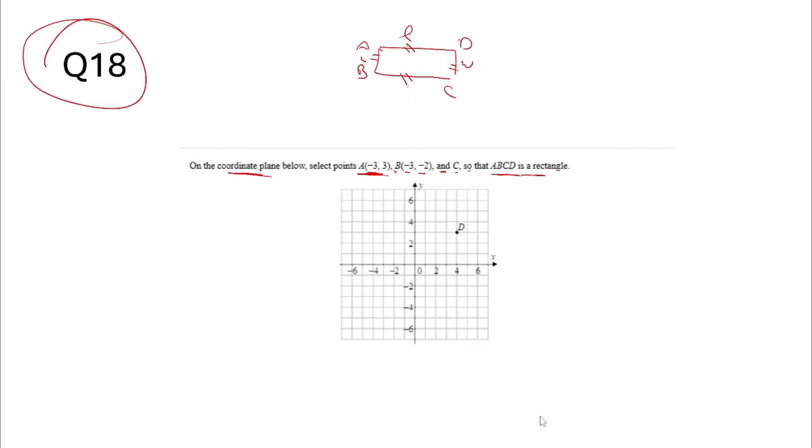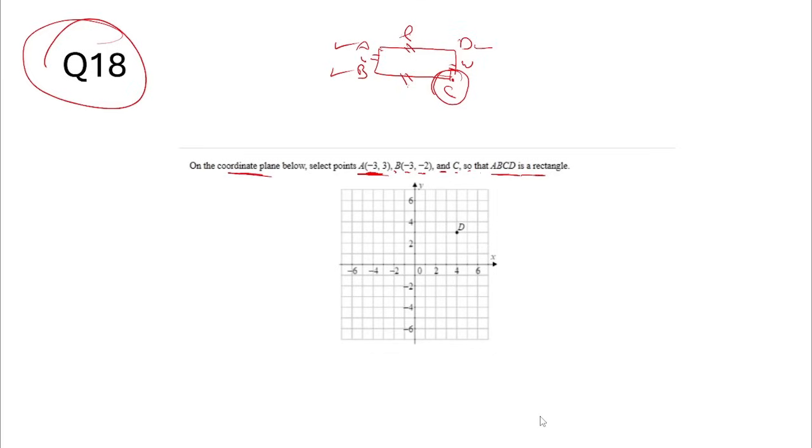Okay. So what he wants from this question is for us to locate point A and point B, and we have point D. So then we can get point C, using this rectangle.